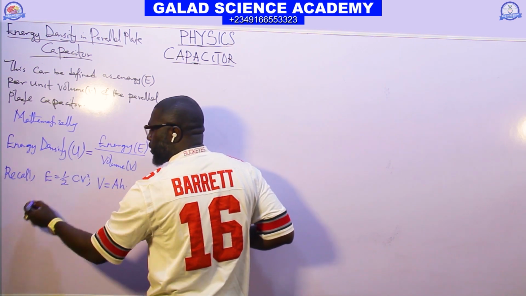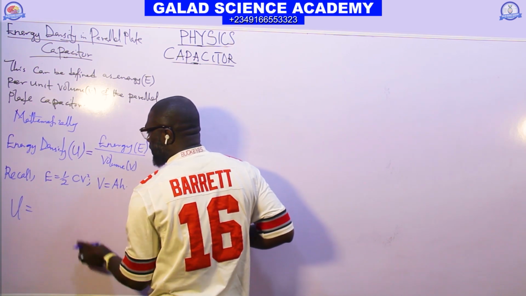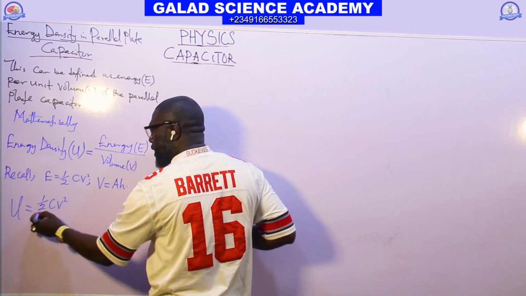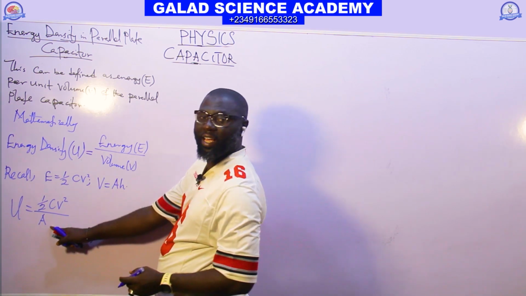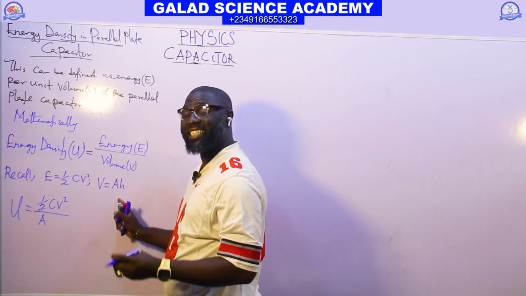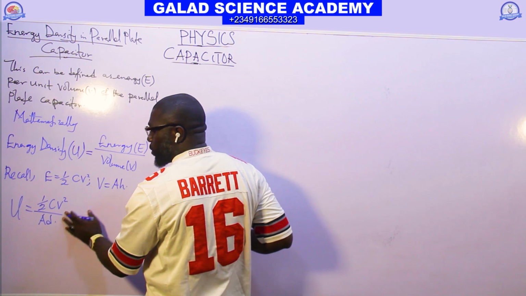So we can now have U, which is energy density, equal to half of CV square over A D. This A is the area of the plate. This height is the distance between the two plates, which is D.